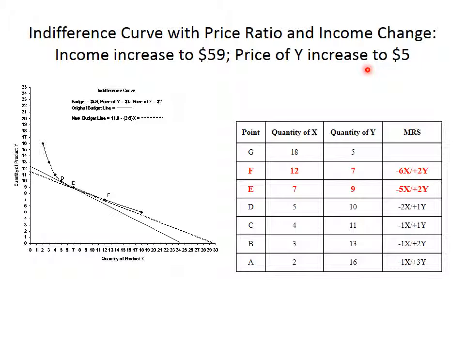The reason it's going to change that is because we've had a change in income and a change in the price of Y. It doesn't change our sacrifice ratio in terms of our total utility, the utility we're gaining from one by sacrificing the other. That's going to remain the same, completely insensitive to changes in price. What does matter is the price change in Y is going to change the monetary sacrifice ratio.